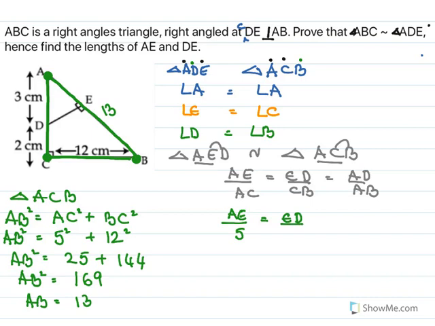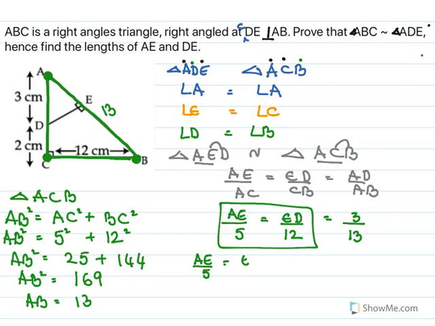BC is 12. AD is 3. AB is 13. So if we take up this ratio, we get AE over 5 equal to ED over 12.